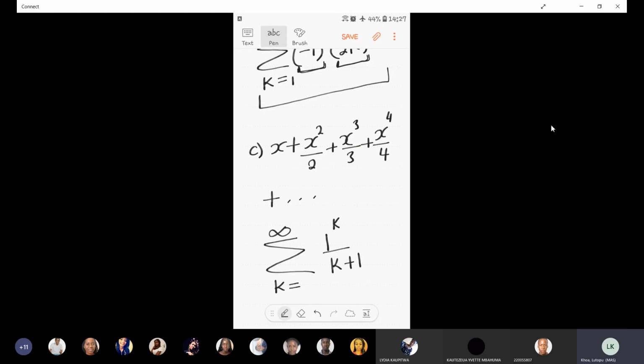I think here your numerator will always be 1 because 1 to the power of anything is just 1. And then in your denominator, okay, it may work, but when I look at this, I see that my exponent and my denominator are always the same.